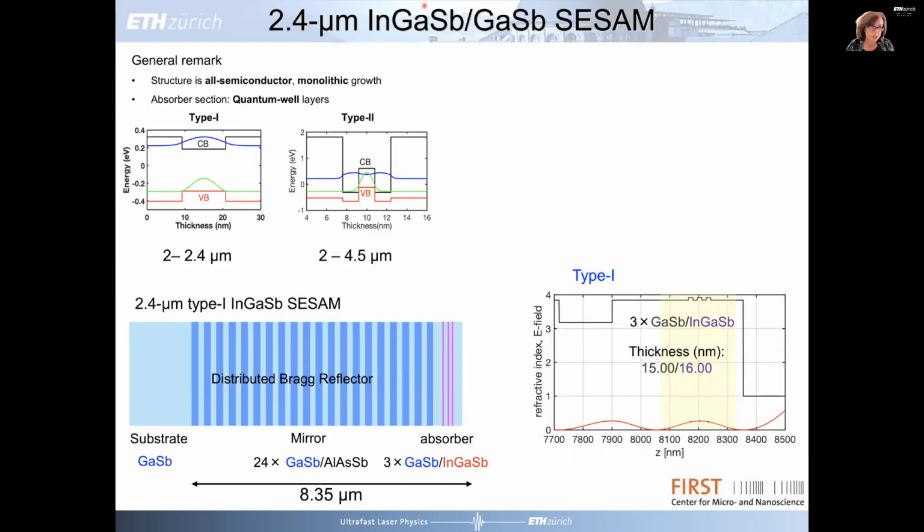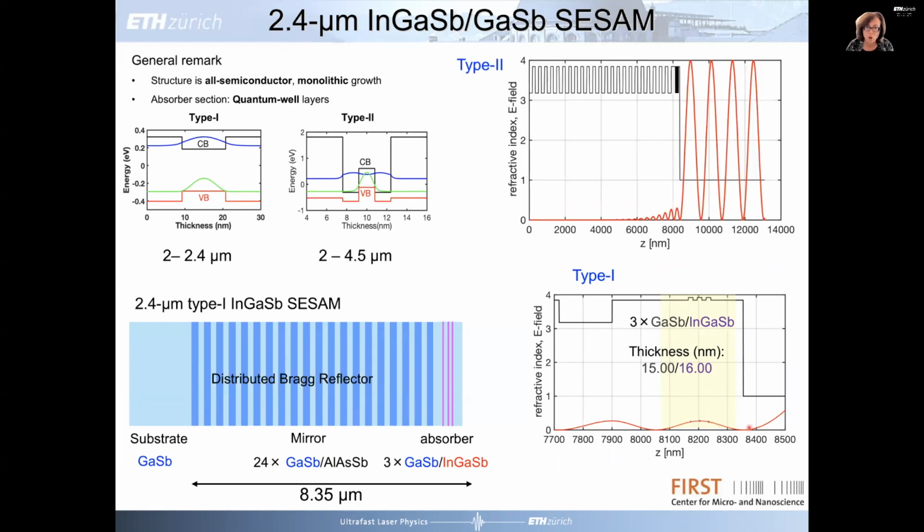We also started a network at 2.4 micrometer, where we also explored the type 2 option, but initially as a semiconductor saturable absorber. In the 2.4 micrometer type 1, we had 3 indium gallium antimony quantum well absorber layers, still in an anti-resonant, field enhancement configuration.